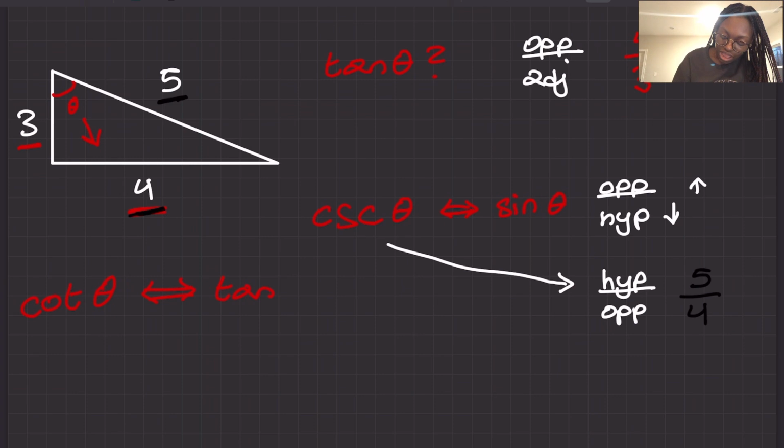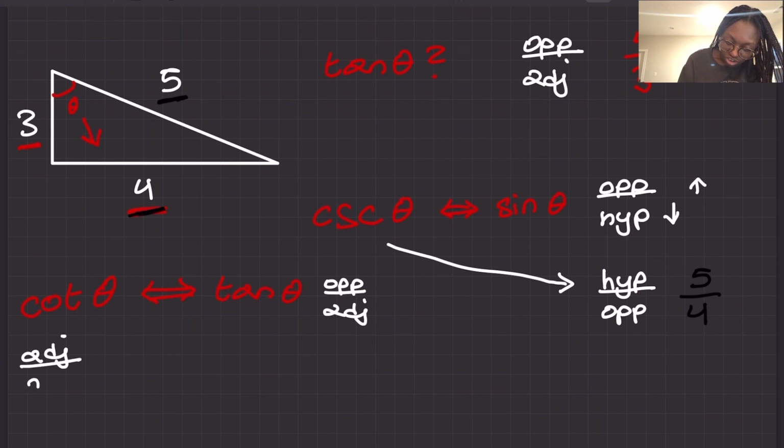The tangent identity is opposite over adjacent. So the cotangent identity is going to be adjacent over opposite. We find the adjacent, which is 3. We find the opposite, which is 4. And that is our cotangent of theta.